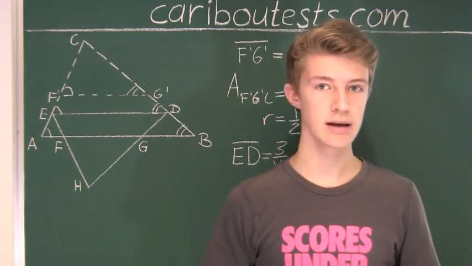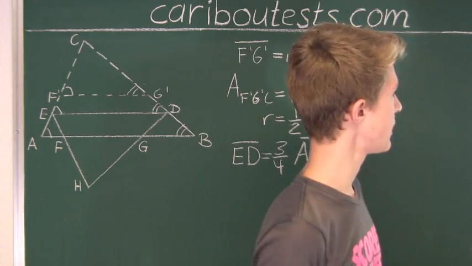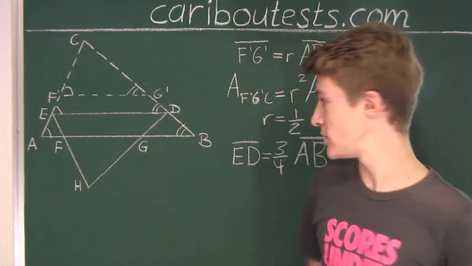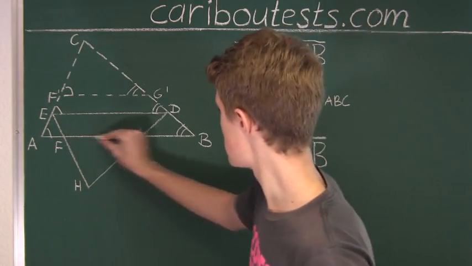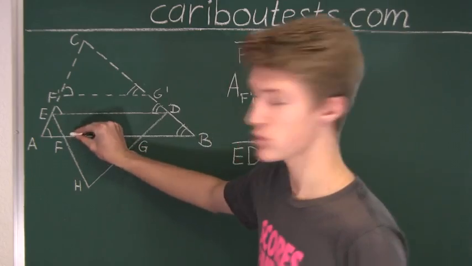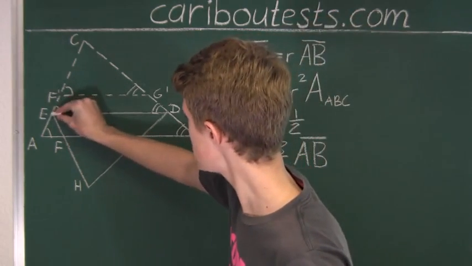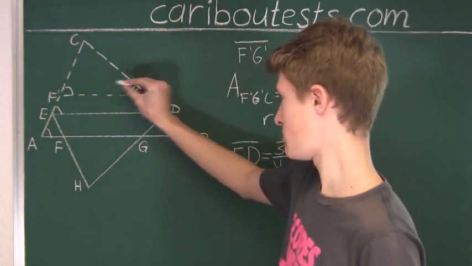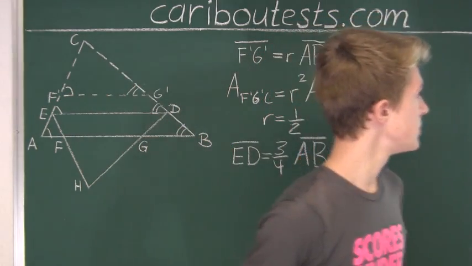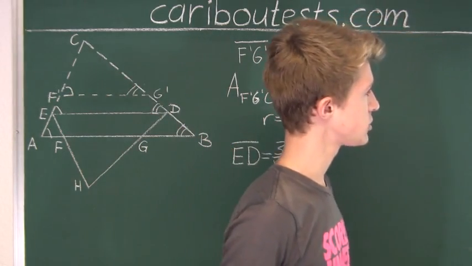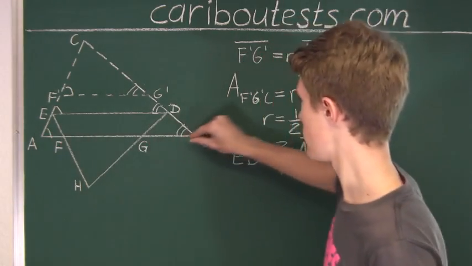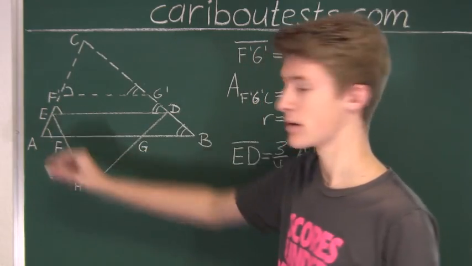Again from the question, we want to find the ratio of the overlapping area, trapezoid FGDE, which is this trapezoid right here, which we also know is the same as this trapezoid right here, E, D, G prime, and F prime. We want to find the ratio of that area to the area of the whole triangle ABC.